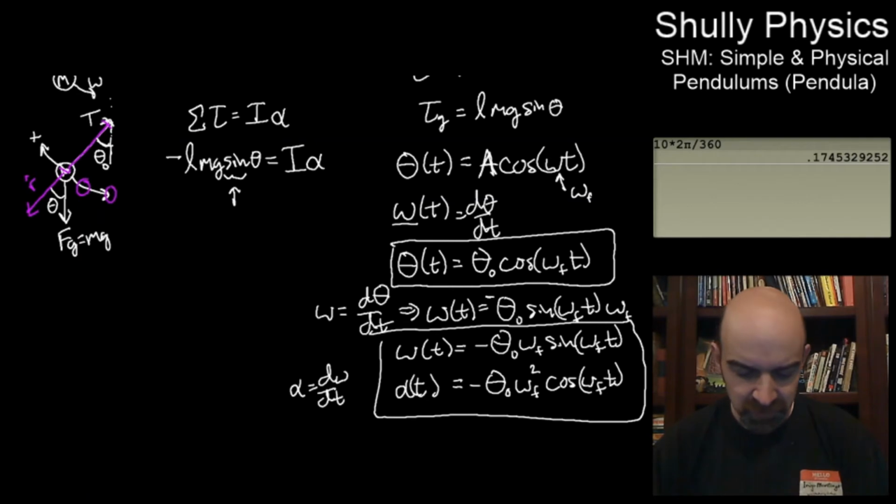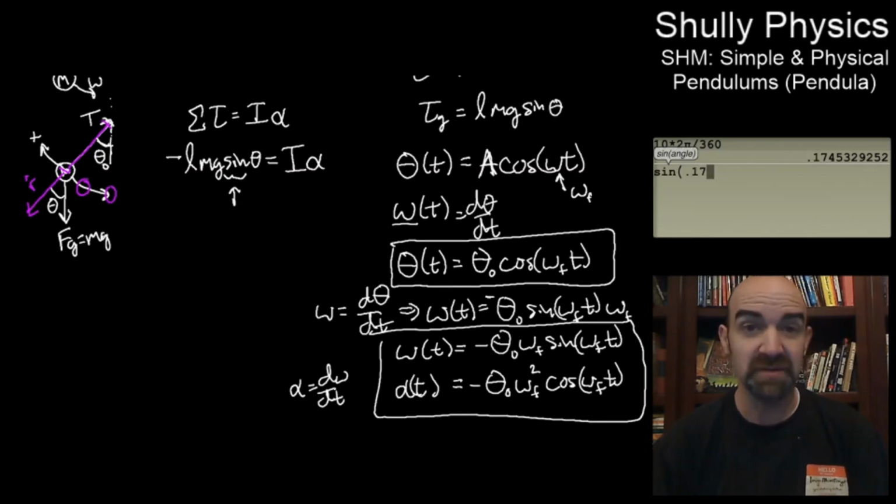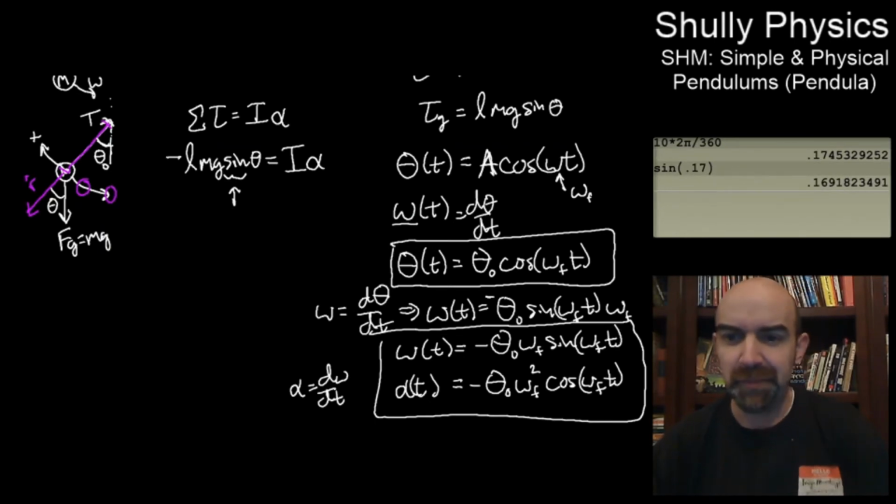Now, if you plug in a small angle like that into the sine function, sine of 0.17, that's sine of 10 degrees about. Look at the number that you get out of that. Sine of 0.17 is 0.1691. Is that just a coincidence? 0.169 rounds to 0.17.